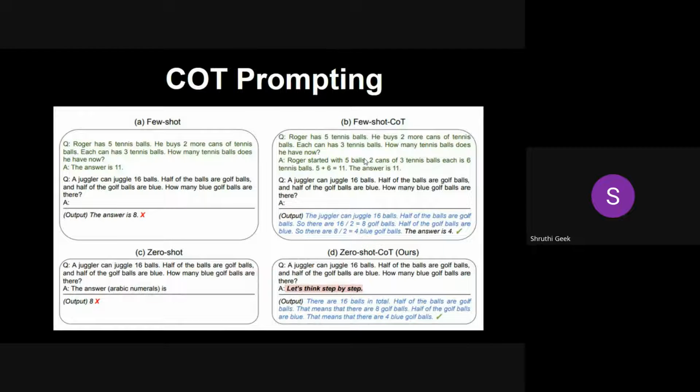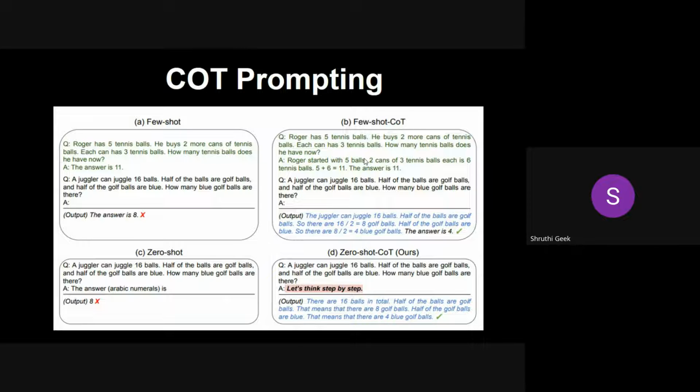So coming deeper into chain of thought prompting, as you all know, we have a lot of prompting techniques, starting from zero shot prompting to few shot prompting to elaborate promptings. These are a few examples where chain of thought could be appended to few shot promptings and zero shot promptings.